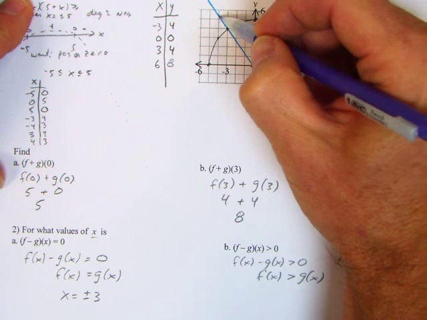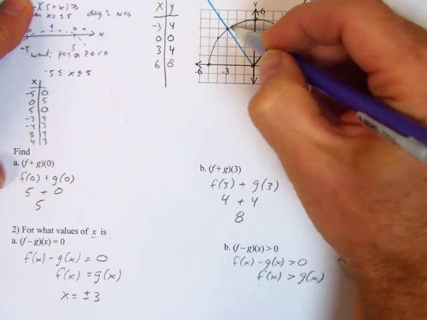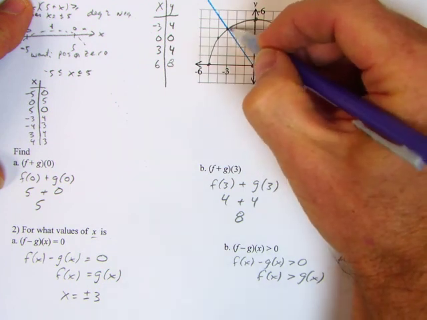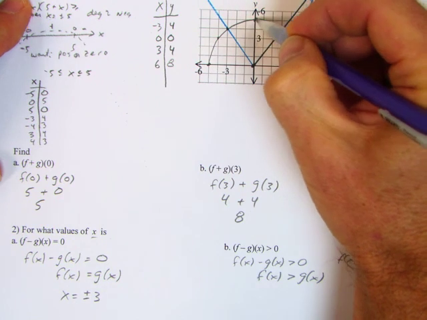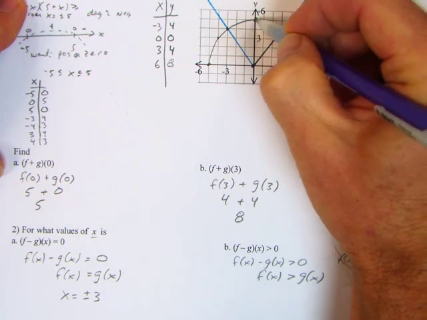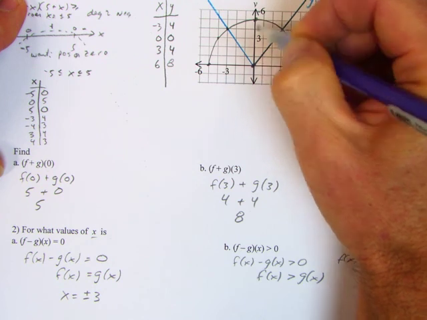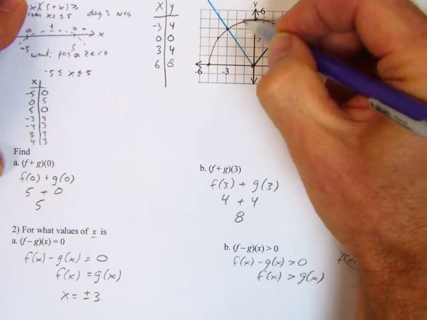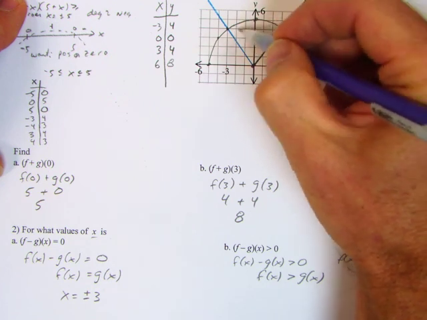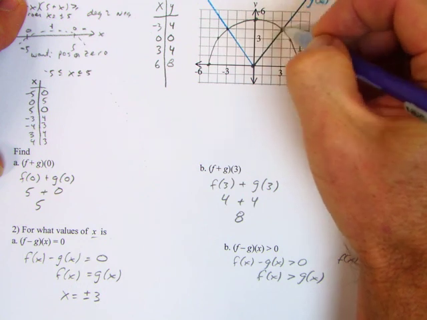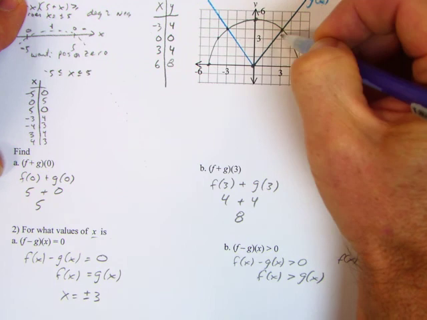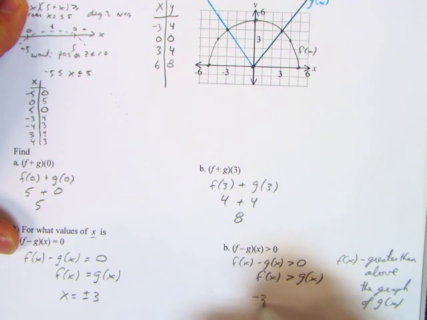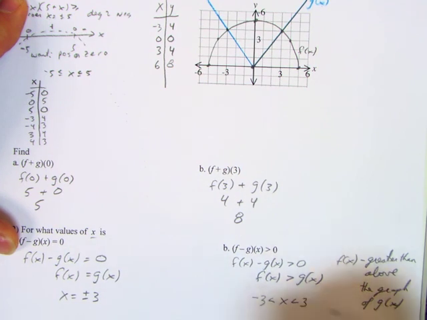In other words, this y value is bigger than this y value. We had already determined that at -3 and +3 they were equal. So if we look at this section in between, here's a specific example. At x equals 0, we had 5 for f and 0 for g. Well, 5 is bigger than 0. f is bigger than g. In fact, at every single one of these values between -3 and 3, the f graph is bigger than the g graph. It is above it. And so this answer would be from -3 to 3.